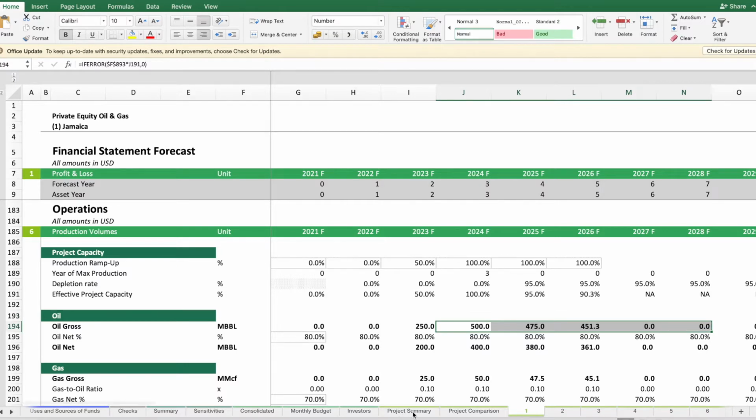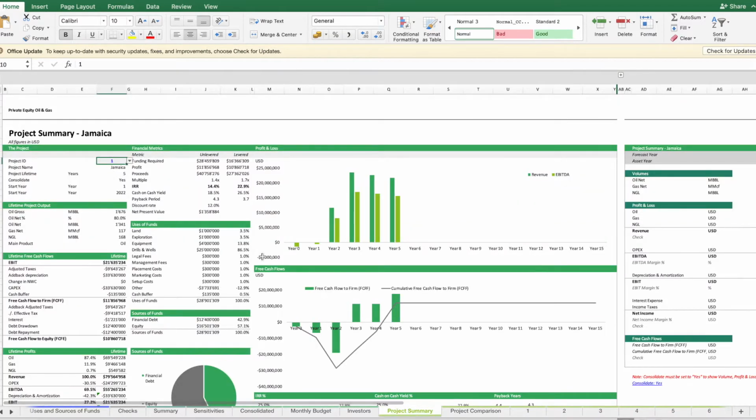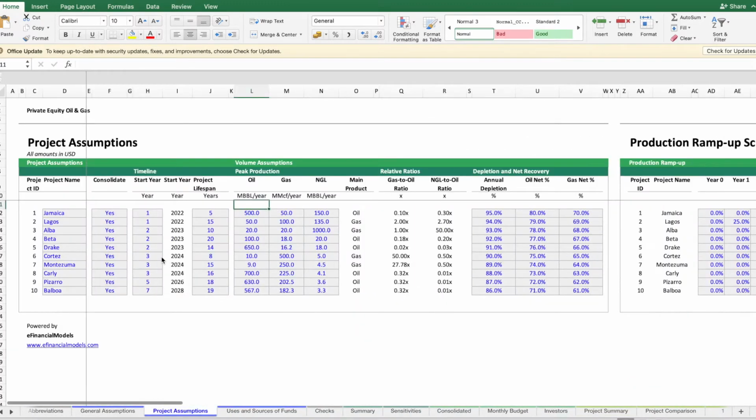If we now look at the project summary, this is the pattern. Of course, the cash flow stops here. The reason is we have only assumed a lifetime of 5 years, which is not very realistic. So we are going to use the due diligence results to estimate a likely lifespan of this project.